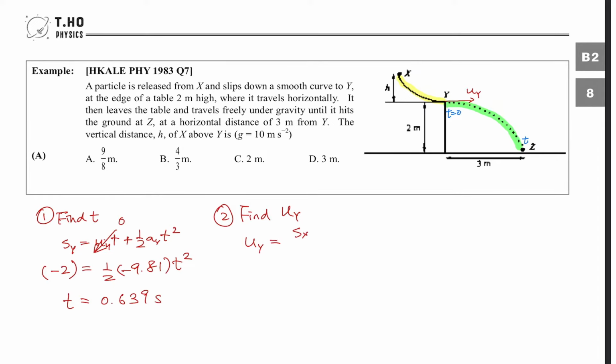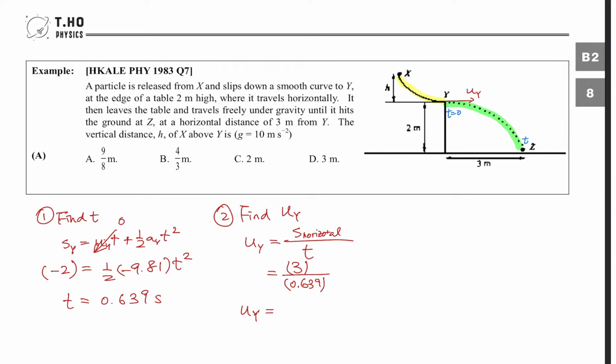It will be given by the horizontal displacement divided by the time it spent. So the horizontal displacement is 3 meters, whereas the time is 0.639 seconds.